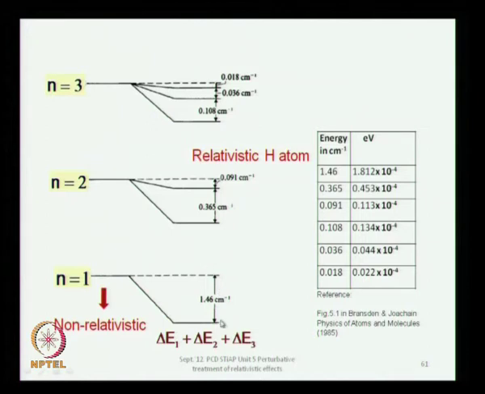So, these are the corrections that you get, and this dip is 1.46 inverse centimeter, which is again about 1.8 into 10 to the minus 4 electron volts, which are the more common units. So, this is the 1s state, and now you have got the relativistic quantum numbers.